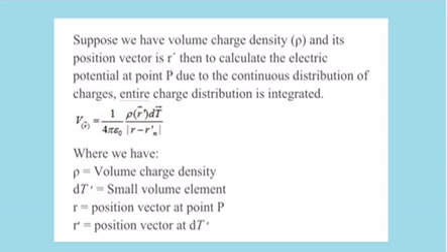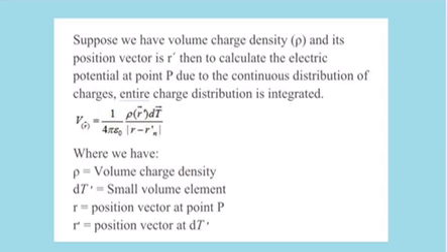So suppose we have volume charge density ρ and its position vector is r. Always remember the density is ρ. Then to calculate the electric potential at point P due to the continuous distribution of charge, the entire charge distribution is integrated.